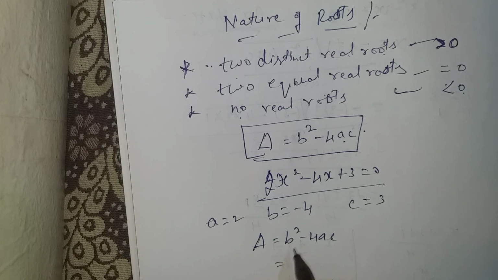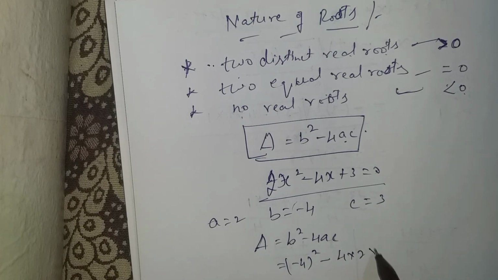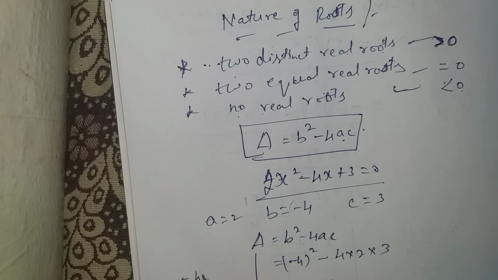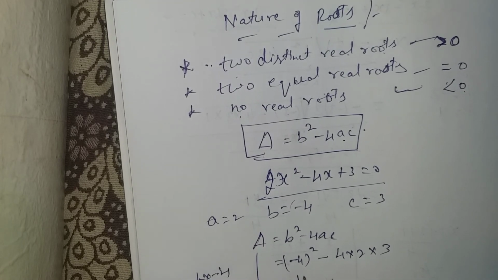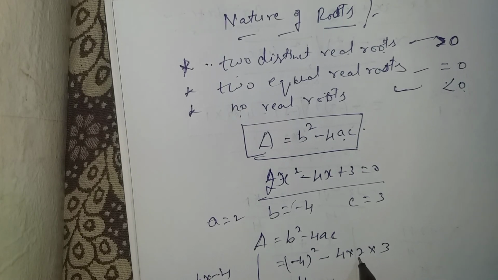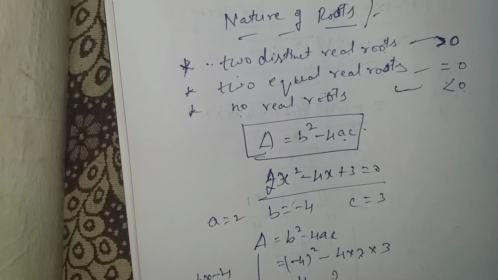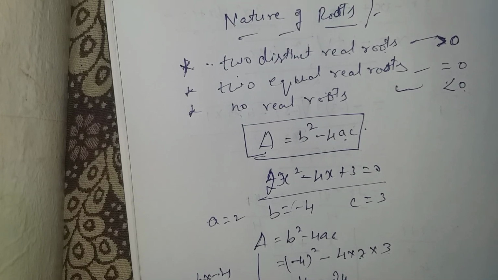What is b square? b value is minus 4, so minus 4 square minus 4 into a value 2 into c value 3. Minus into minus is plus, 4 4s are 16. So I get plus 16 minus 4 2s are 8, 8 3s are 24.